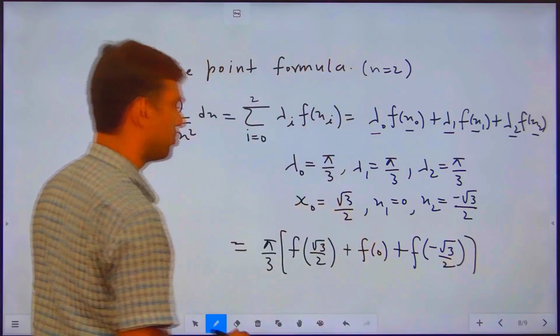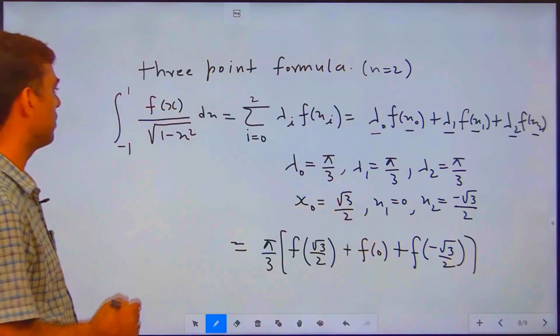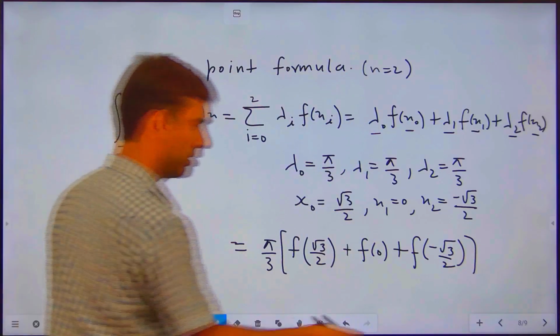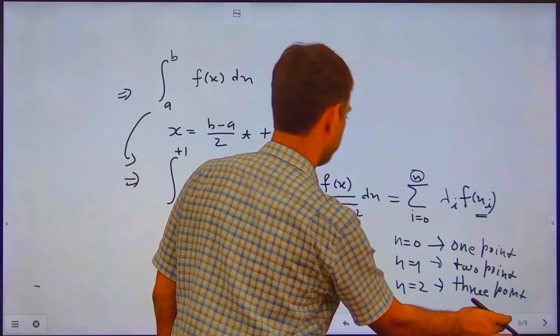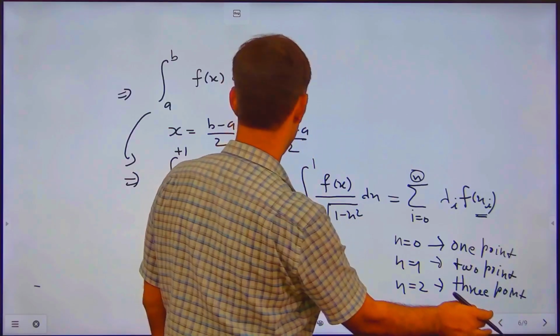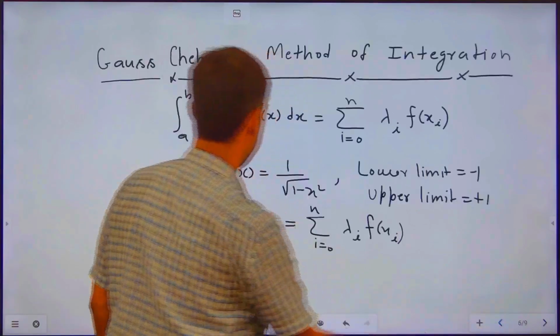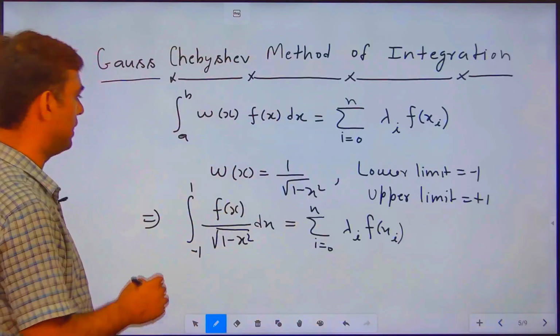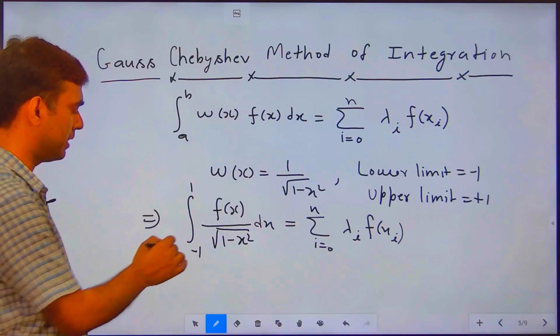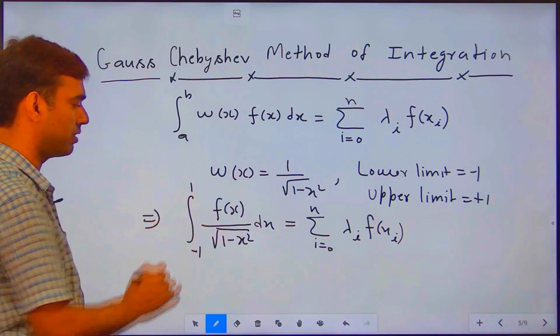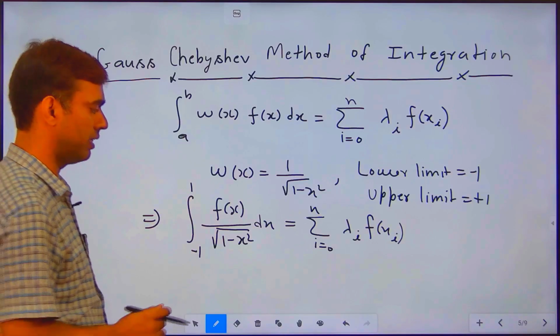In order to solve a numerical problem, first of all we write the given integration in this form: the integral from minus 1 to 1 of f(x) upon under root 1 minus x square dx.